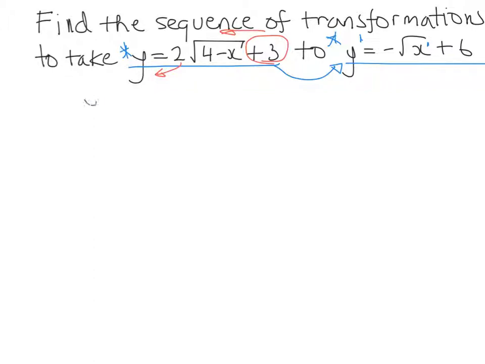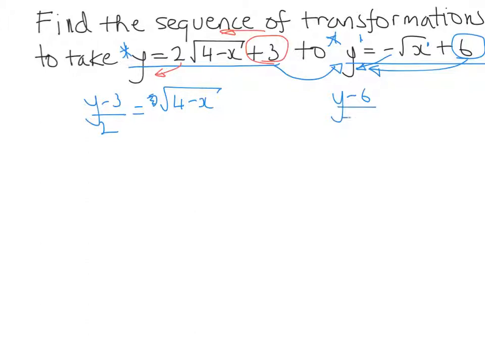So y -3 divided by 2 would end up with the square root of 4 minus x. And with this one, if we took this 6 across to the other side and divided by minus 1, we would end up with y minus 6 divided by -1 equals the square root of x.